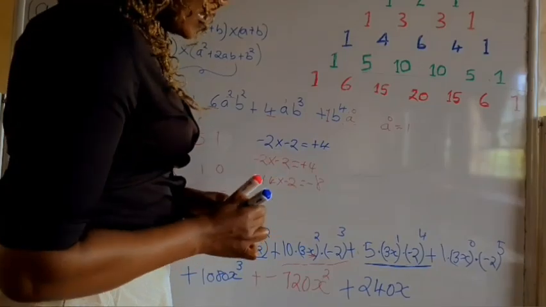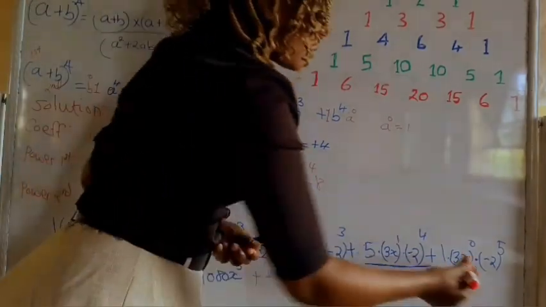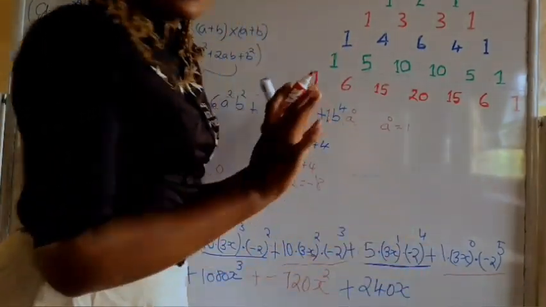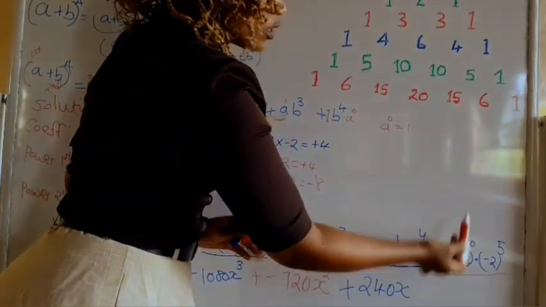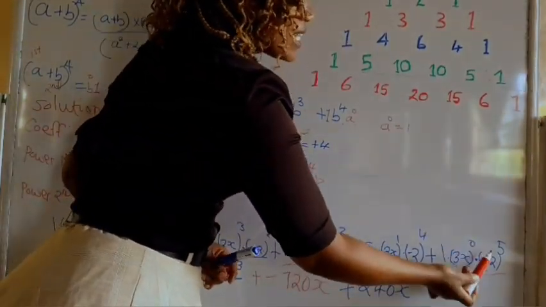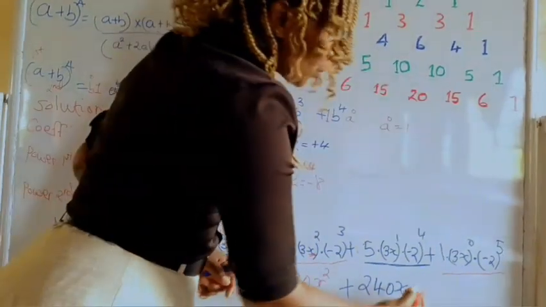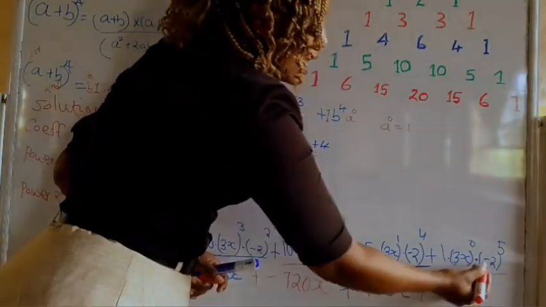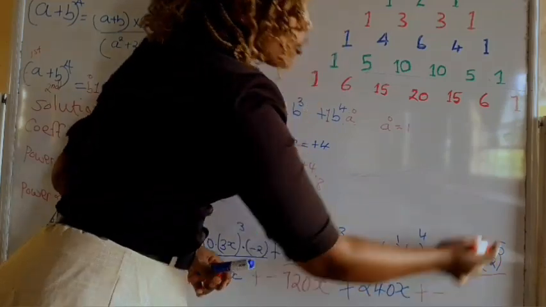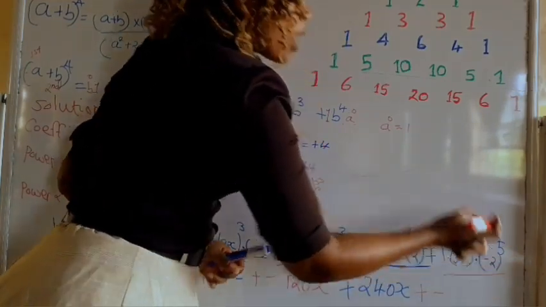Let's simplify this other stuff. So any number raised to power 0 is 1. So it is 1 times negative 2 power 5. So the overall here, we have the original positive and the negative of the odd power of negative 2.